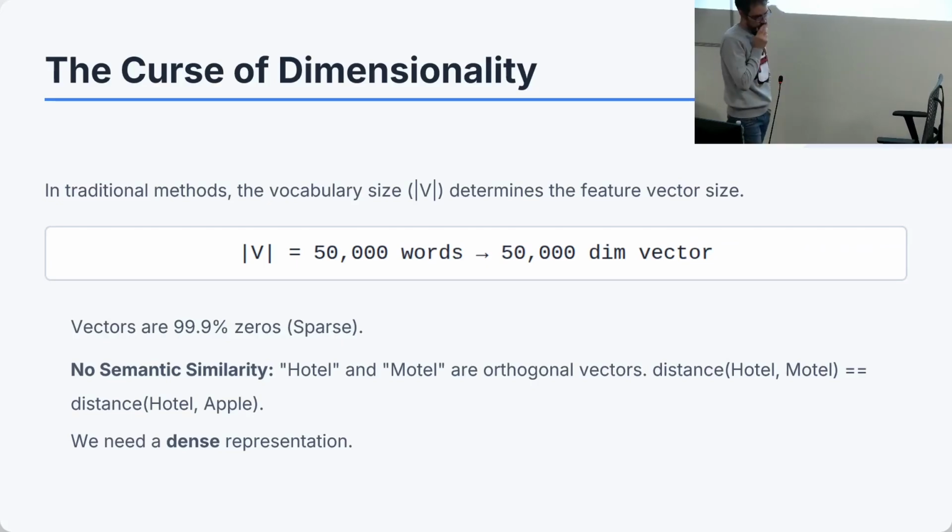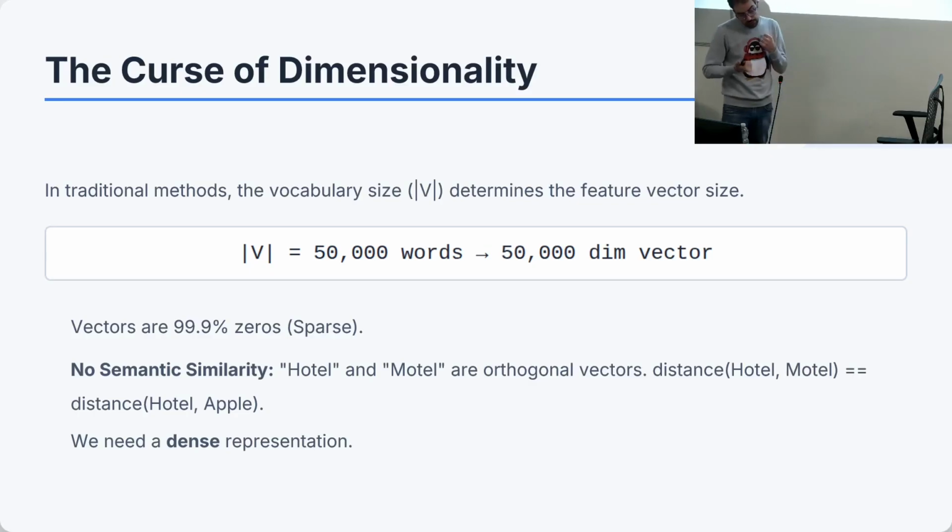So let's do this transition. We already highlighted a few limitations of these approaches. So let's try to understand how we move from pre-neural networks natural language processing to post-neural networks, and then LLMs.